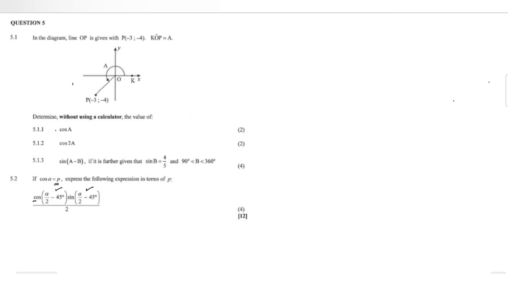If sine and cos are multiplied with the same angle, you have to always remember this formula. What is that formula? Sine 2 theta, double angle, 2 sine theta cos theta.